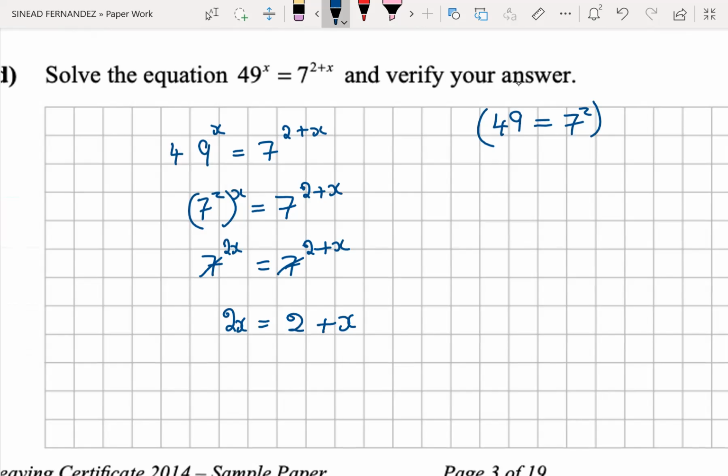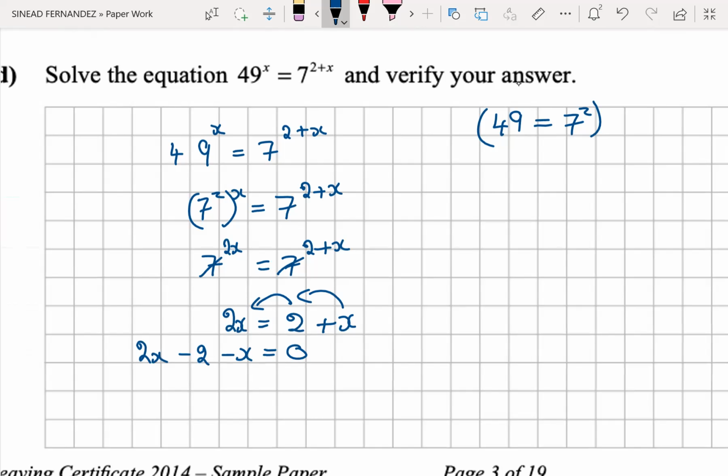And get 0 on the right-hand side. So what we might do is get everything to the left-hand side. So we've already got 2x there. Now, bring over the 2 there. So 2 comes over, but becomes a negative 2. Change the sign. And the x comes over and becomes a negative x. You just change the signs. You're basically subtracting 2 from both sides, and you're subtracting x from both sides, so that we have 0 on the right-hand side.